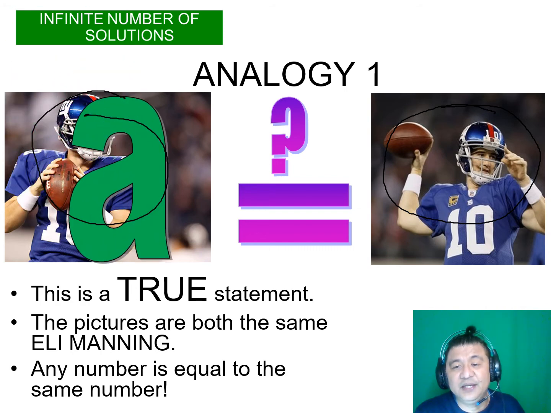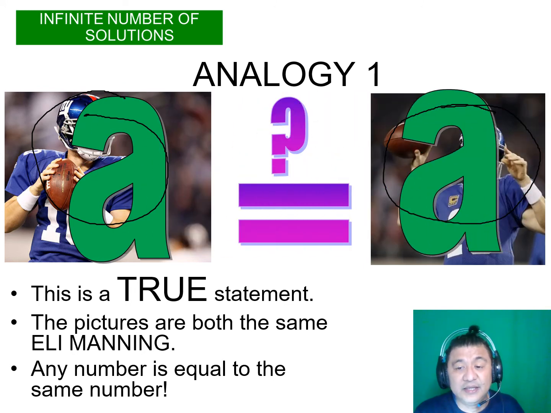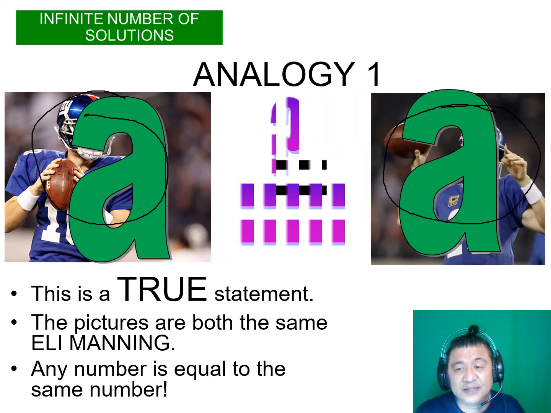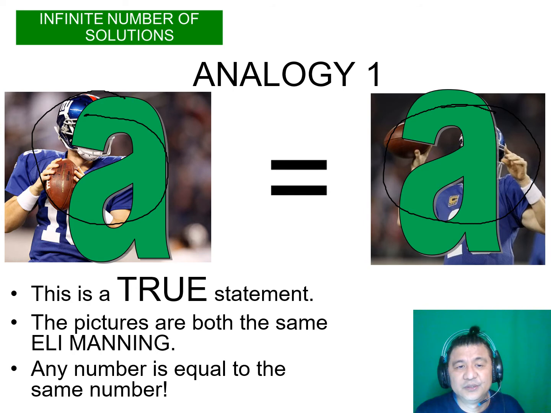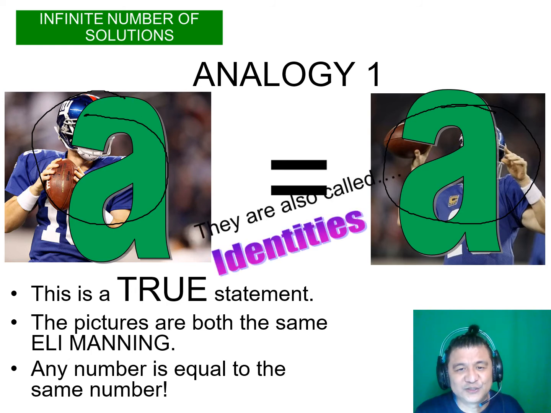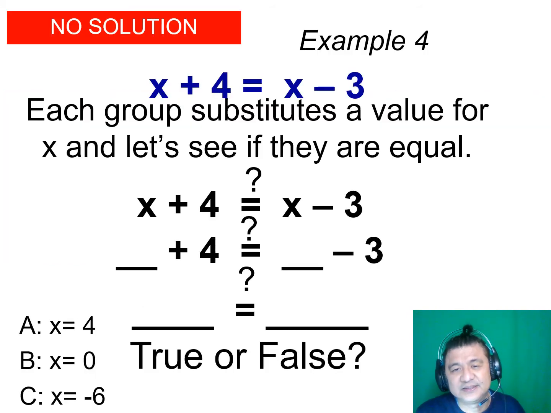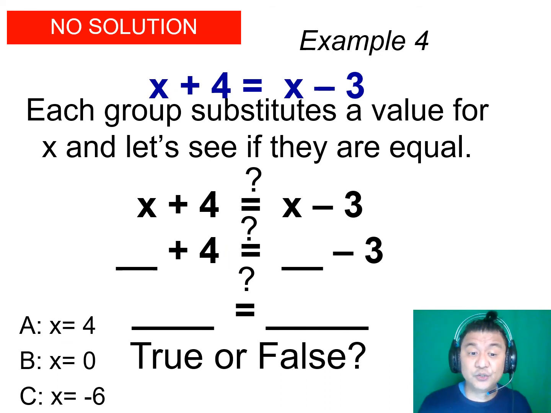So if A is equal to A, at the end, the left side is equal to the right side, you are very sure that it has infinite number of solutions. Another name for that is identity. The left side is equal to the right side. Identities.